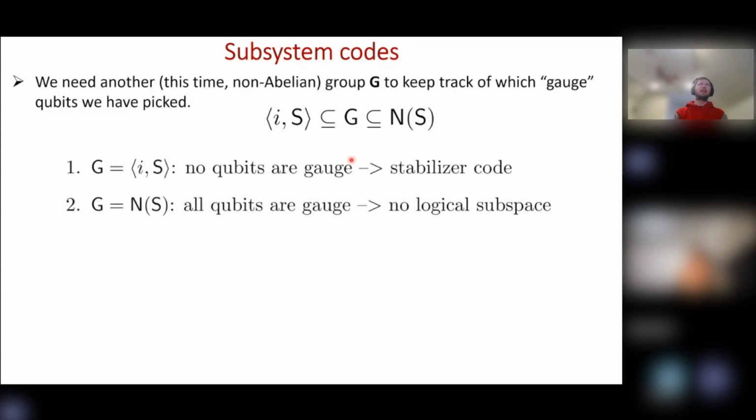So the two extreme cases are if G is just the stabilizer group and the phases itself, then no qubits are gauge. So you've picked 0 qubits to be gauge qubits, and you just have the original stabilizer code. On the other hand, if you've picked G to be the normalizer, the entire logical Pauli group, and also the stabilizer group, then you've picked all the qubits to be gauge, and there are no logical qubits left.